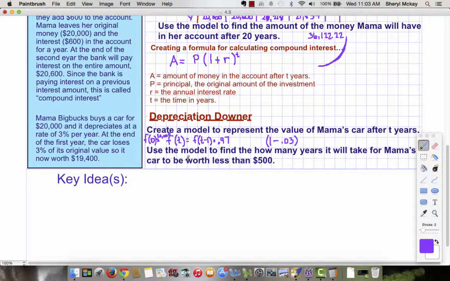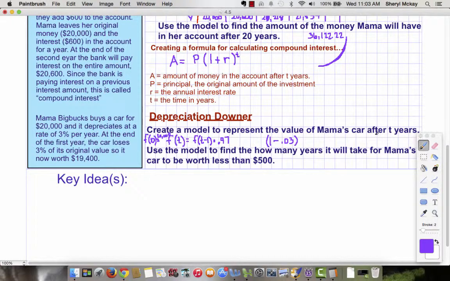19,400. So now we need to figure out how many years it is going to take for Mama's car to be worth less than $500. So what if we took our model?